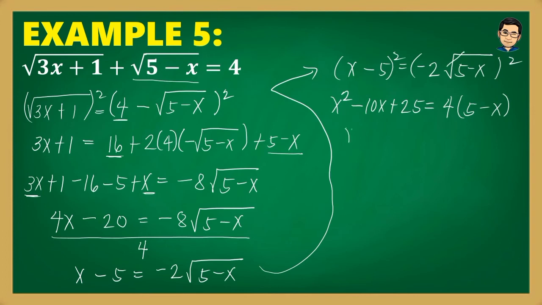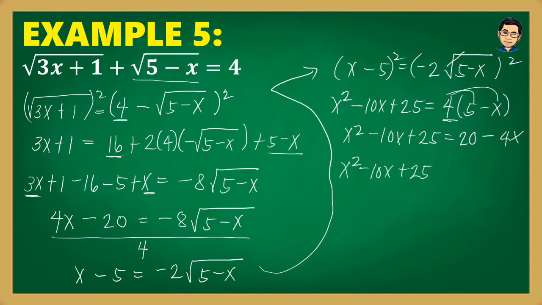Next, x squared minus 10x plus 25 equals 4 times 5 minus x, which is 20 minus 4x. So, we just distribute the 4 to 5 minus x. And then, combine like terms. So, x squared minus 10x plus 25 minus 20 plus 4x is equal to 0.